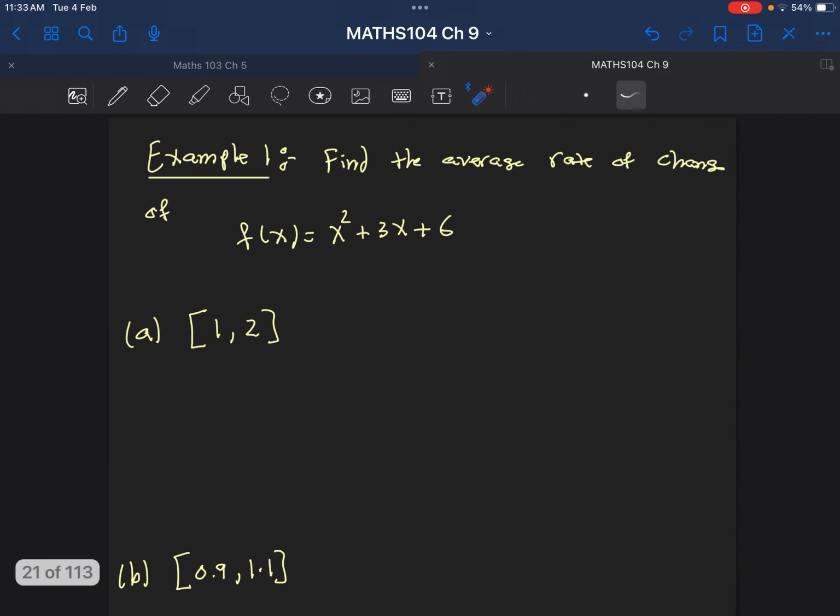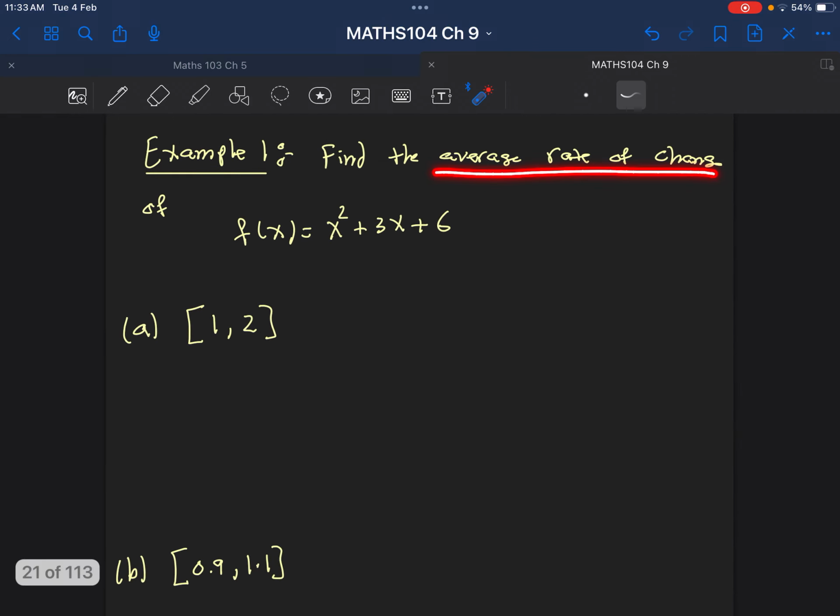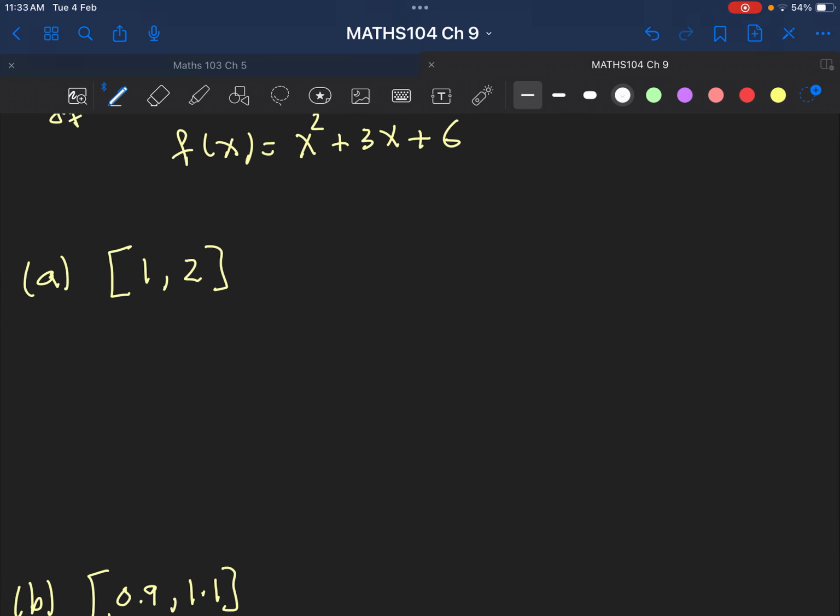Let's see some examples. Example number 1. Find the average rate of change, which again means the slope of the secant line, which means y2 minus y1 divided by x2 minus x1. That would give me the answer.